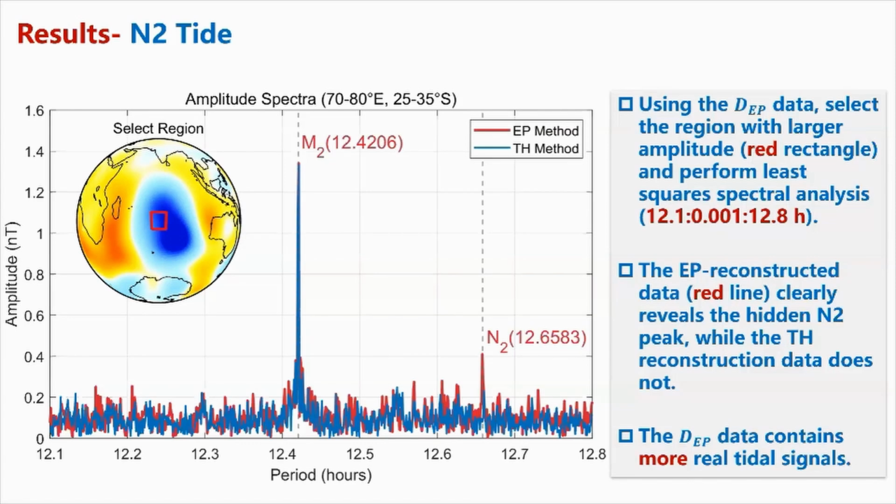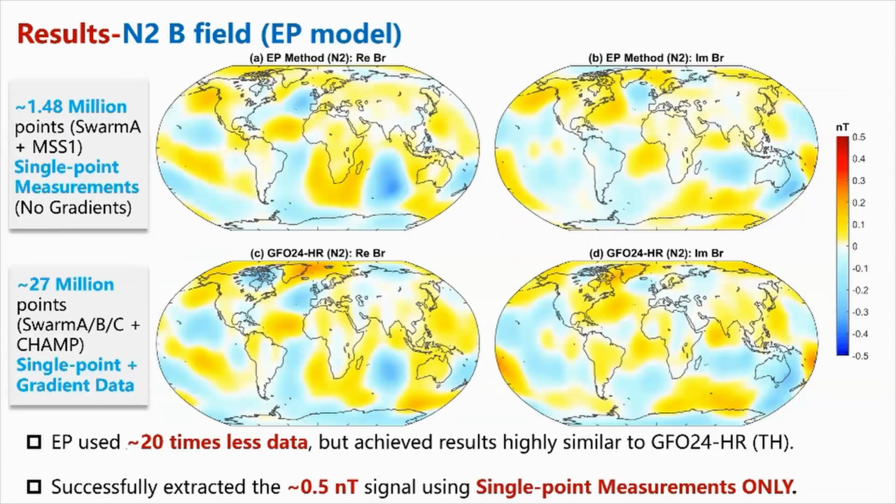As you can see here, both methods can recover the M2 amplitude quite well, but for N2, because its amplitude is very weak, the TH method cannot recover it, but the EP method can recover its amplitude quite well. This comparison indicates the potential benefits of using the orbit information of the moon to extract the tidal signals.